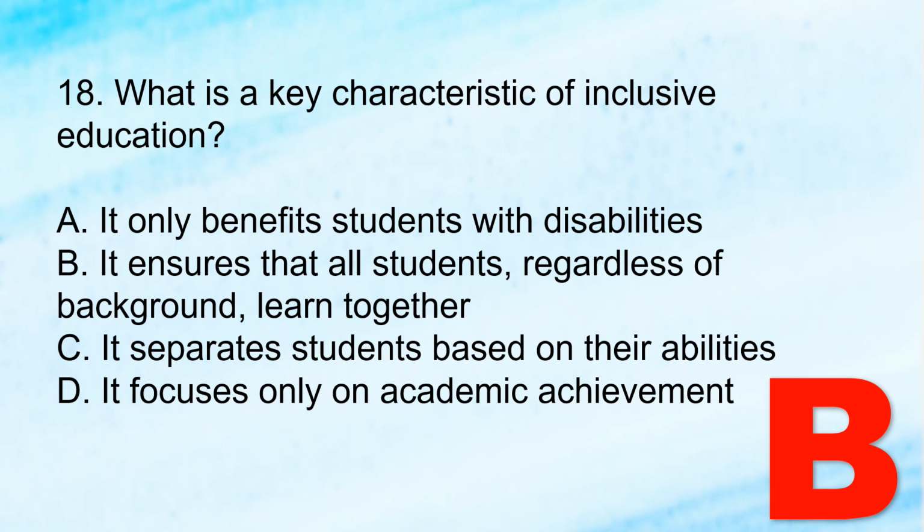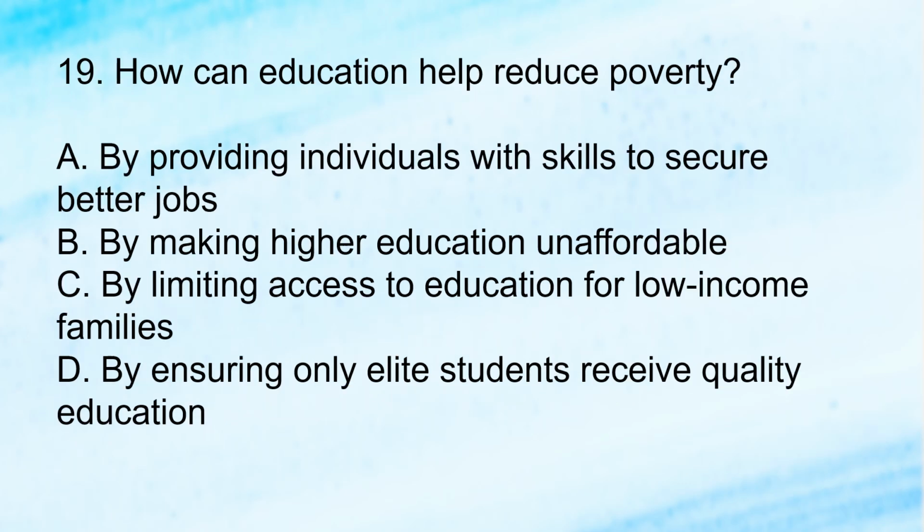And letter C is incorrect because inclusion opposes segregation. And letter D is incorrect because inclusive education values social, emotional, and academic growth, not solely academic achievements. So letter B is the best answer.